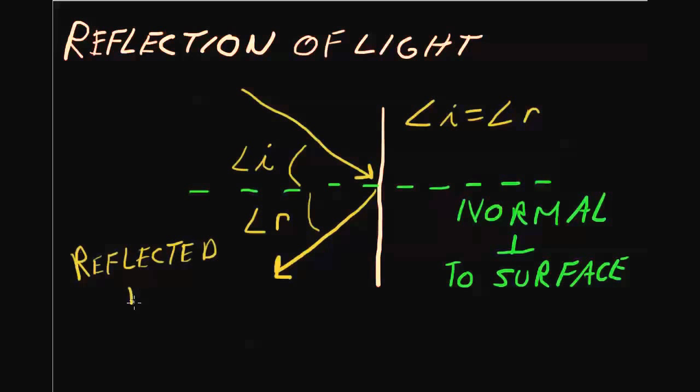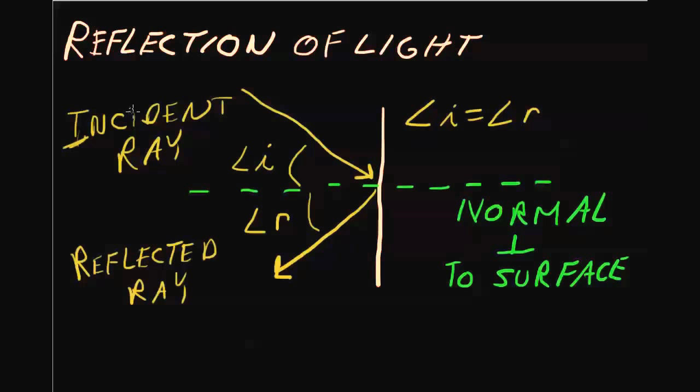This is the reflected ray, and this is the incident ray, or the incoming ray. Very simply put, the angle the ray strikes a smooth, flat mirror is the same angle it's going to bounce out at. And the normal is always perpendicular to the surface.